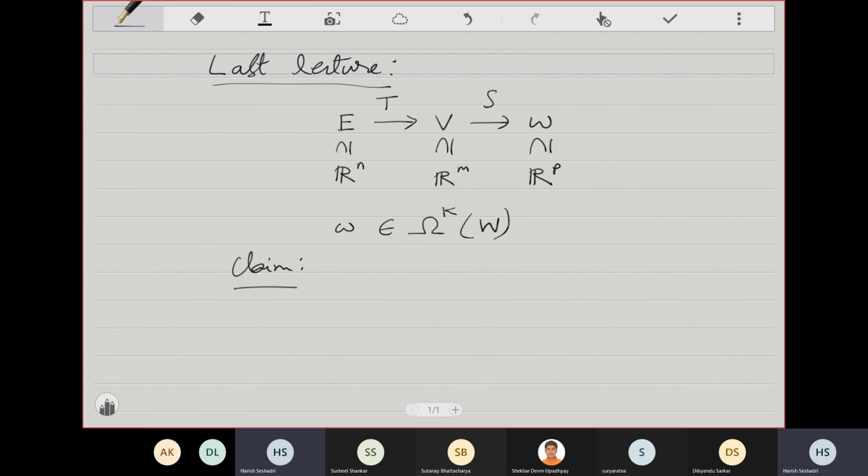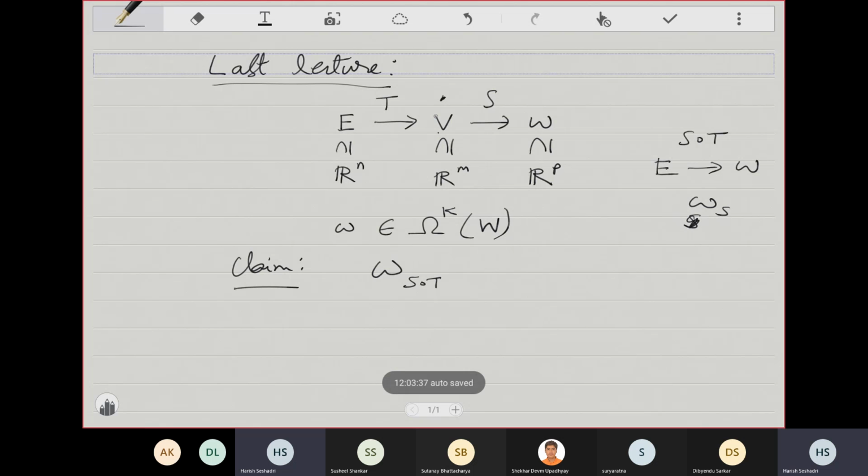Then the claim was that, if I look at S composed with T, this is a C1 map from E to W. And I can pull back the K form on W back to E. So that is what we denote by omega subscript S composed with T. On the other hand, I can first pull back the K form omega to V and get omega S. So I'll end up with a K form here in the middle.